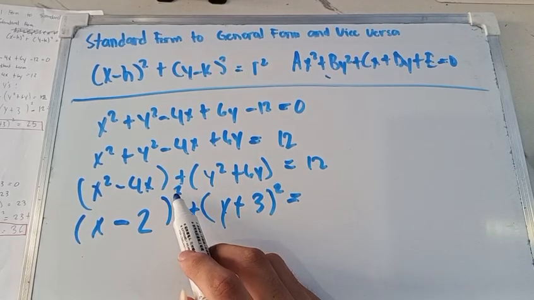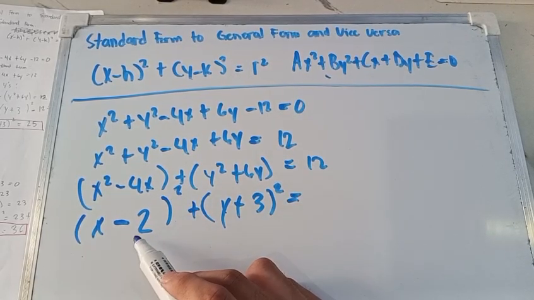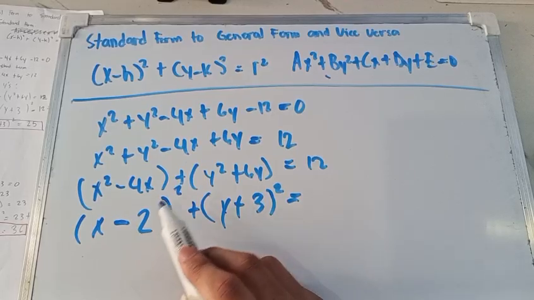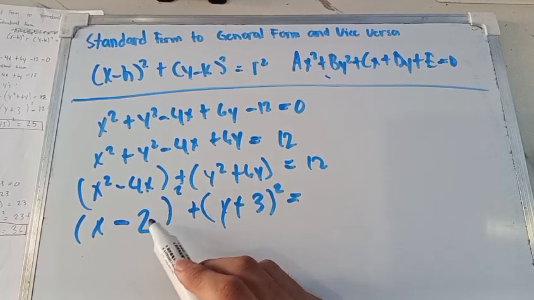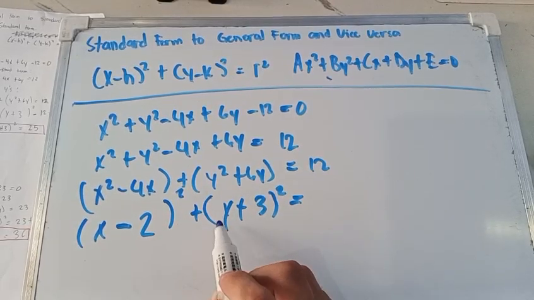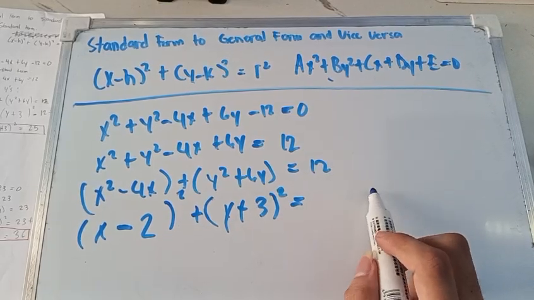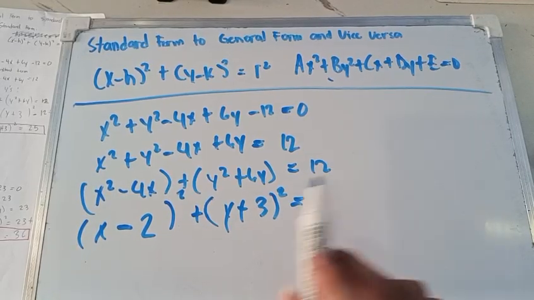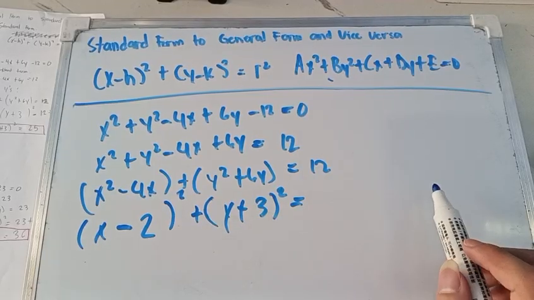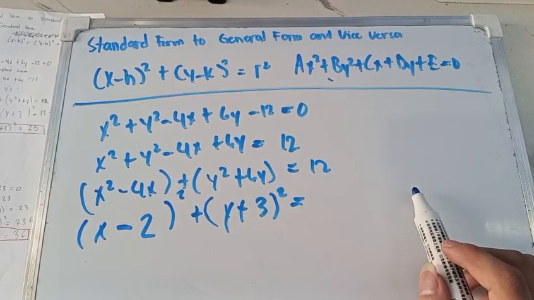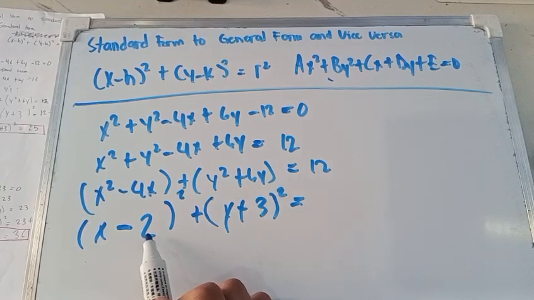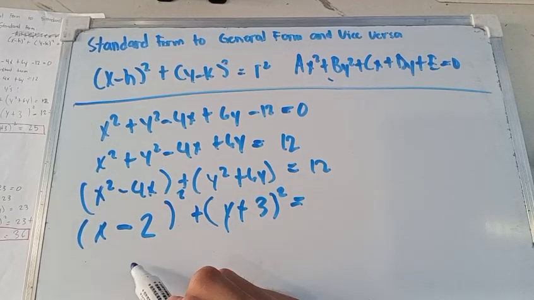Now, the next thing that we need to do is to square the second term. And its result is not added to the same side. We will add that to the right side to cancel the value of it. Okay, so negative 2 squared is 4.